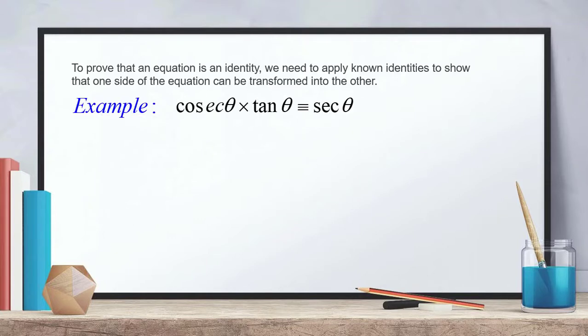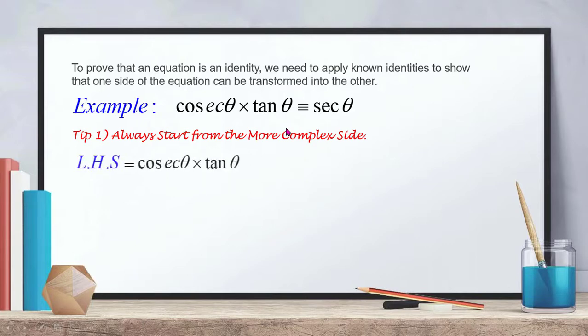We've got cosec theta multiplied by tan theta, and we are saying that it's identical to sec theta. What we're going to do is take the more complex side. That's the first tip: when you're proving an identity, always start with the more complex side. In this particular case, the complex side is cosec theta multiplied by tan theta.